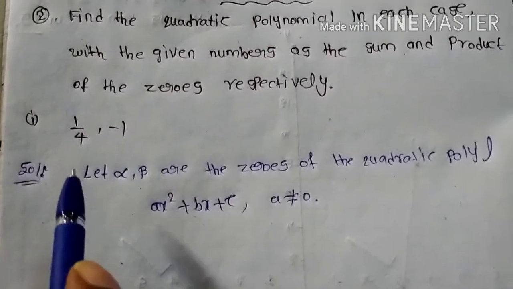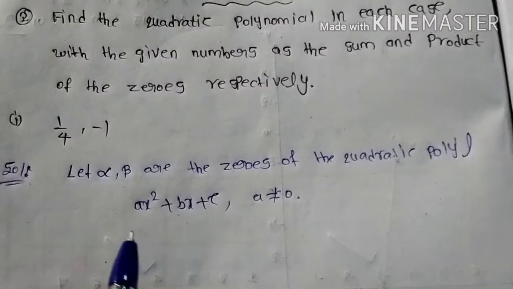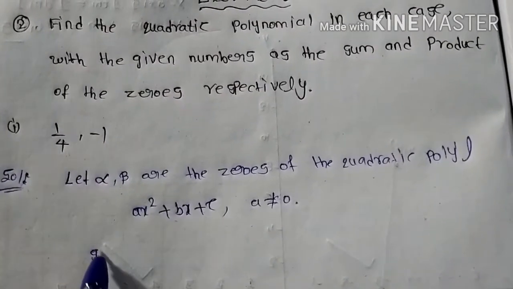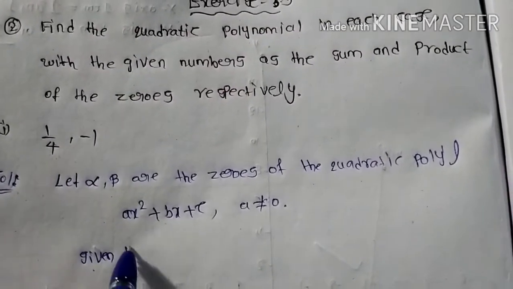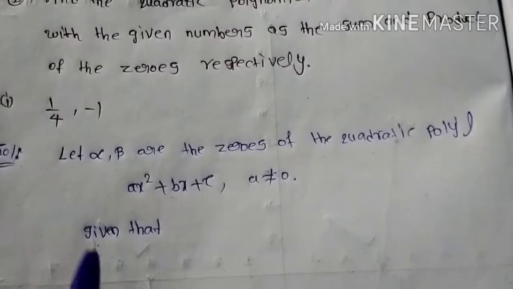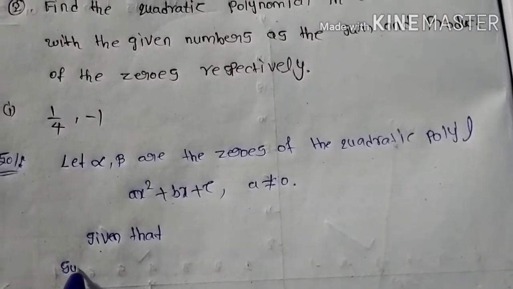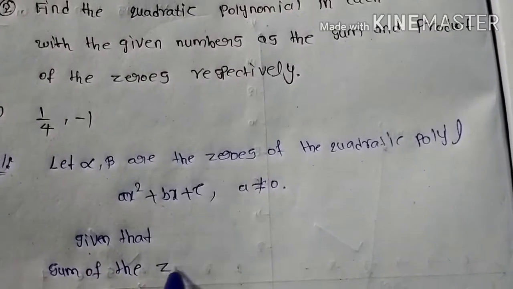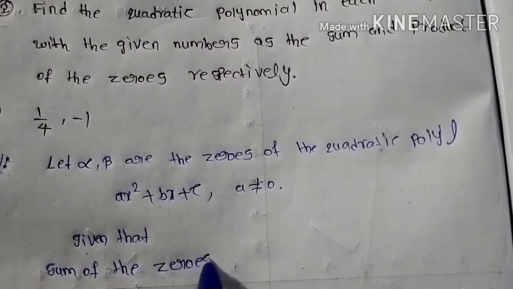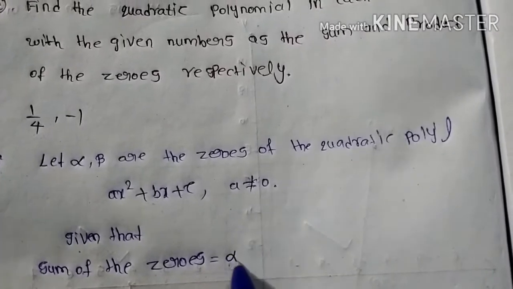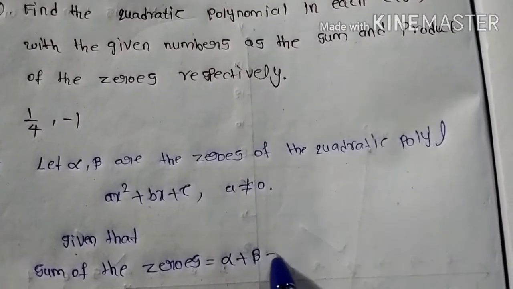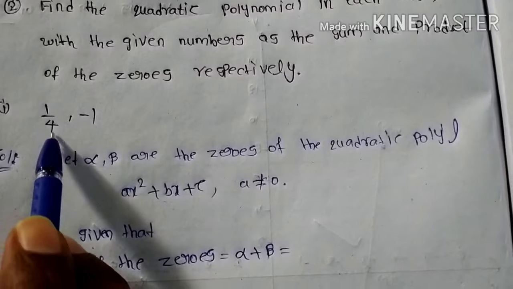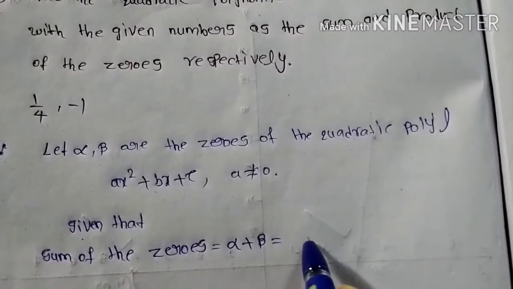Then, recall that it is given that the sum of the zeros, alpha plus beta, is equal to 1 by 4. You can write here 1 by 4.